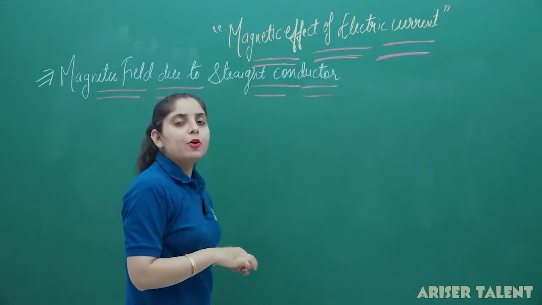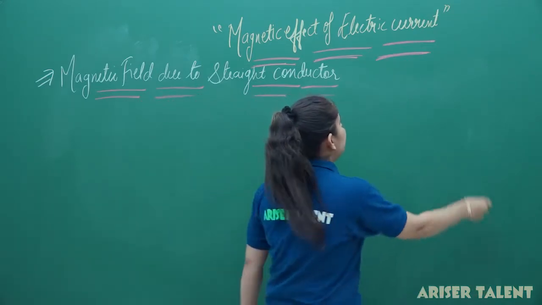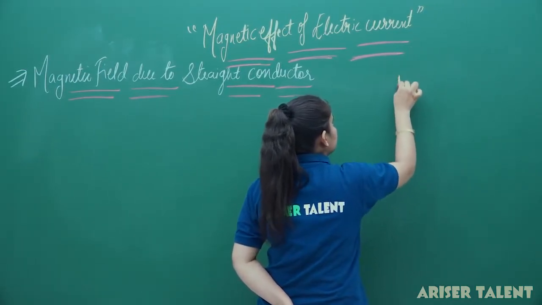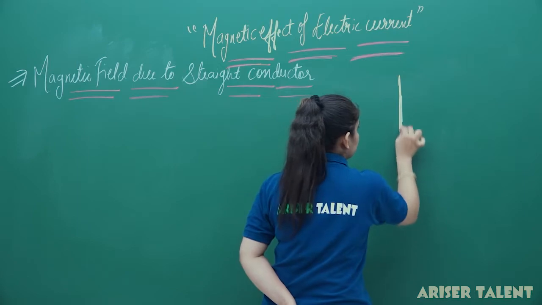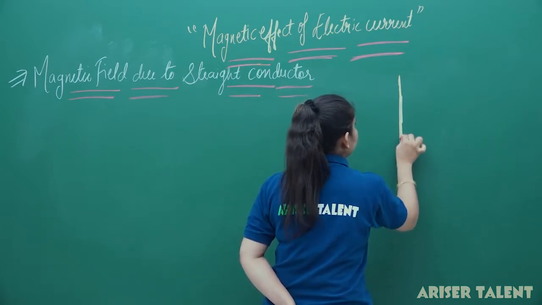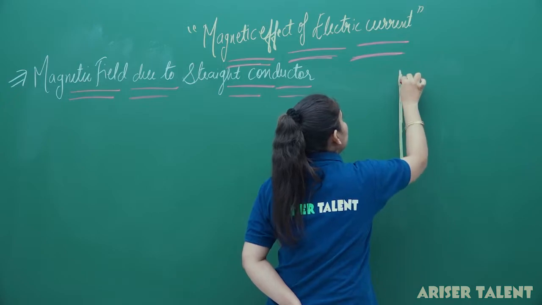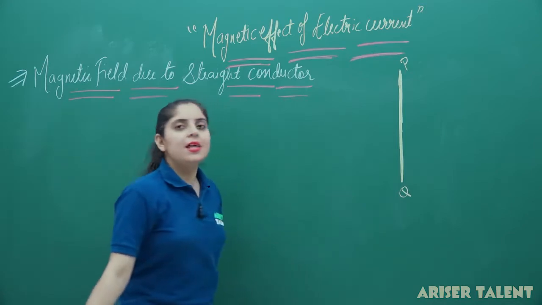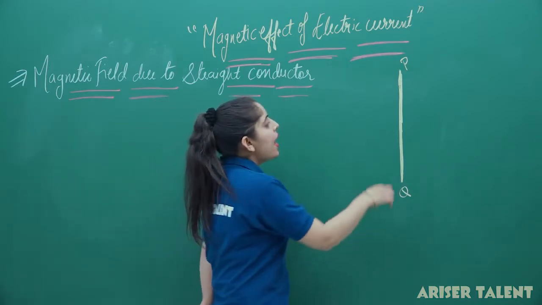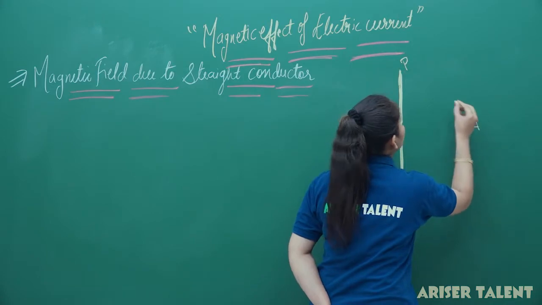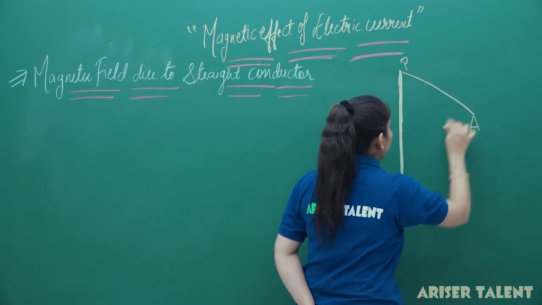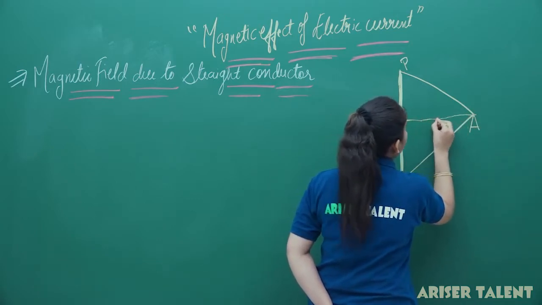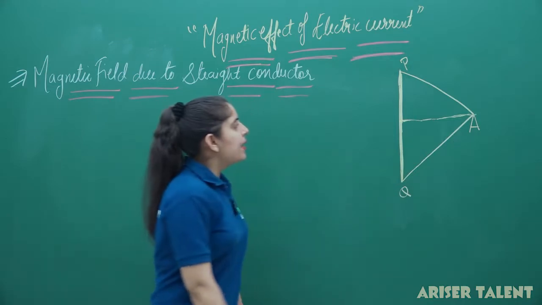Now, for calculating the magnetic field due to the straight conductor, I am assuming that this is the conductor I have, and it is named PQ. At a particular point in the field, point A, I have to determine the value of the magnetic field strength.